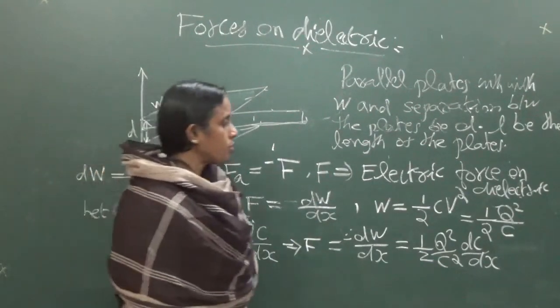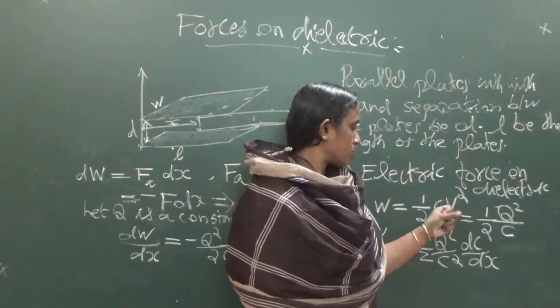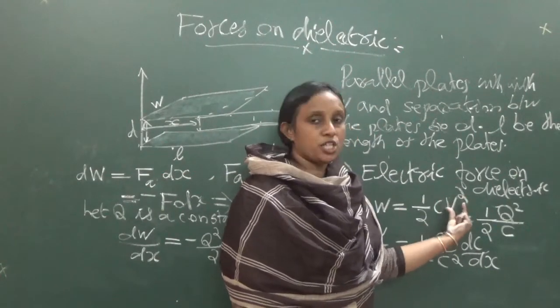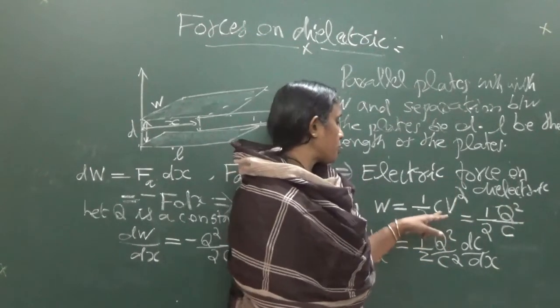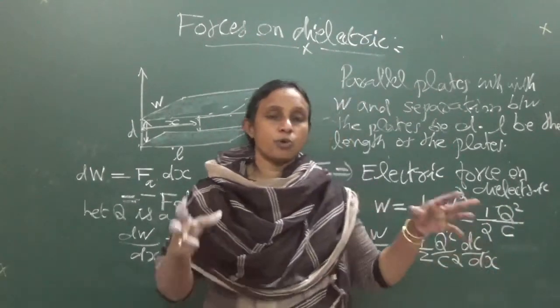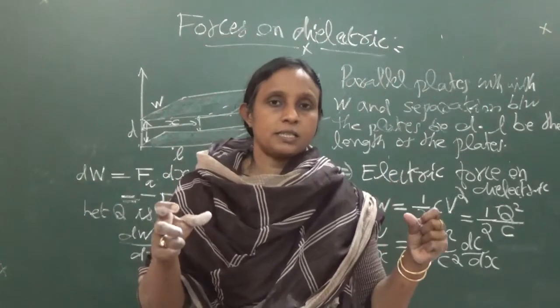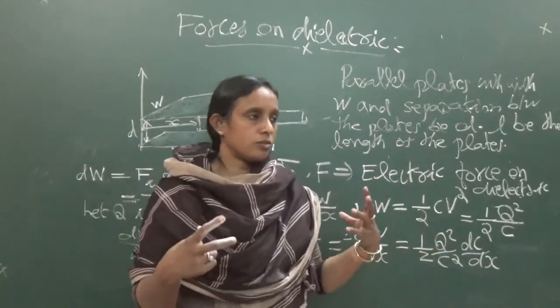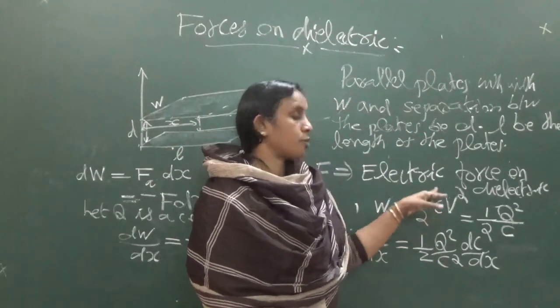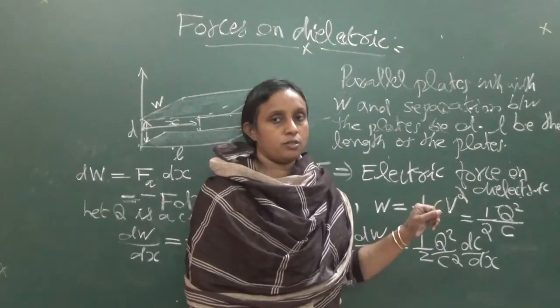Here, we treat Q as a constant rather than the potential V, because if we want to keep the potential at a constant, we have to apply some voltage or battery to keep the potential equal.